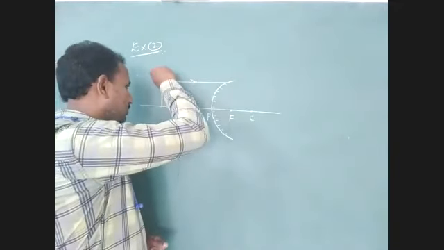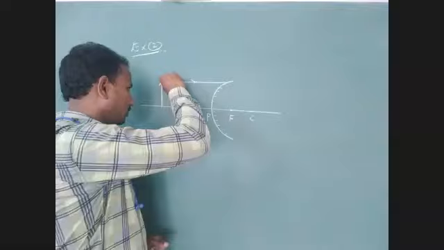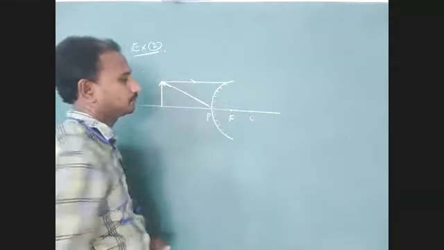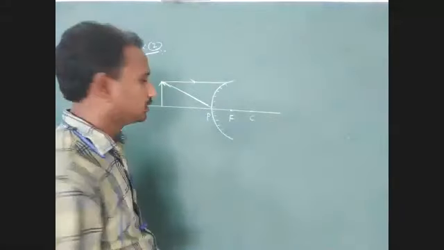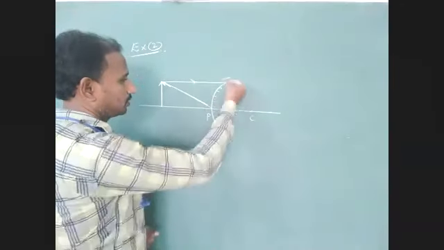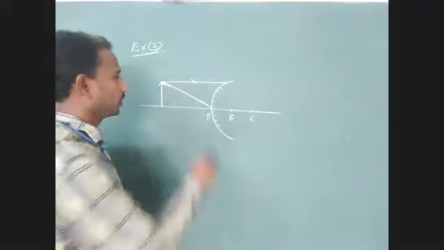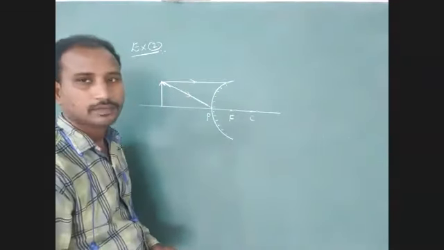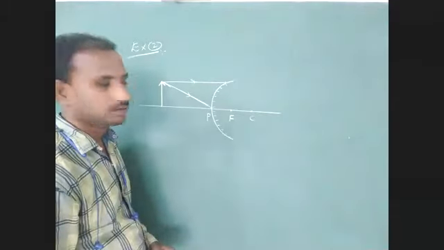Another diverging light ray is incident at a point P on the convex mirror. Okay, we have to consider this. Students, do you have any doubt?